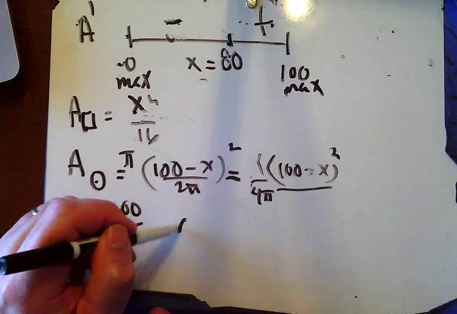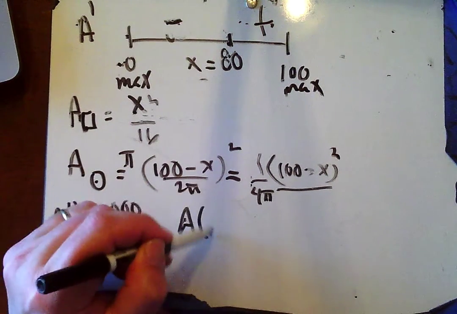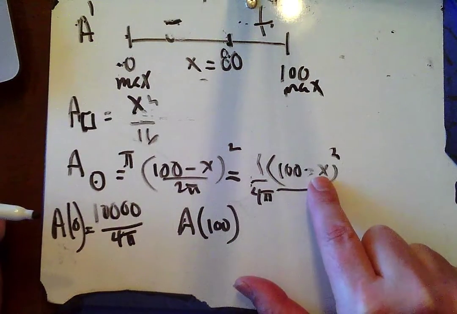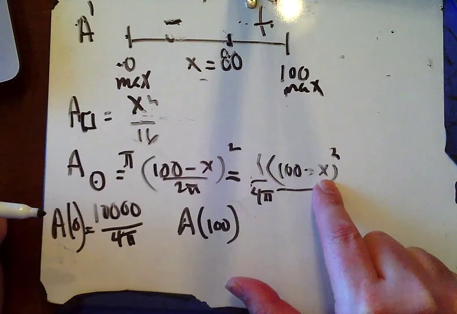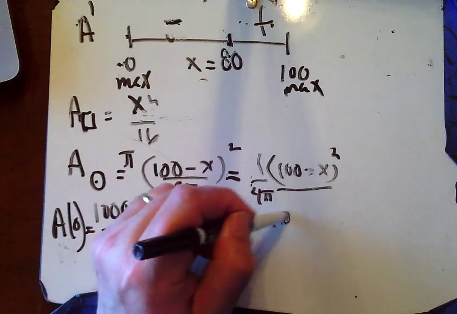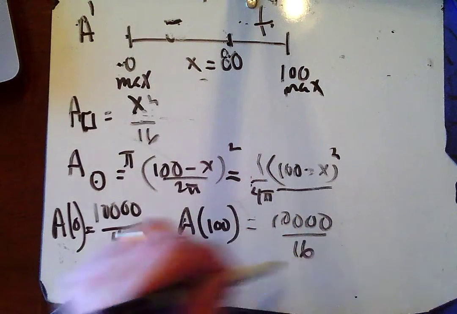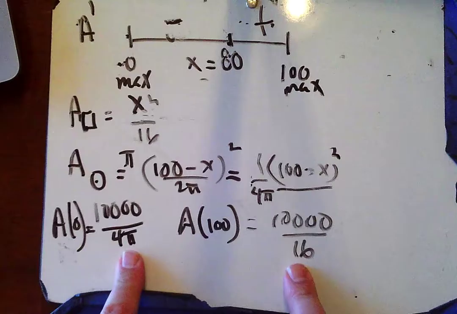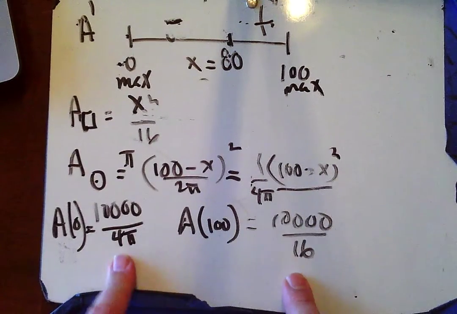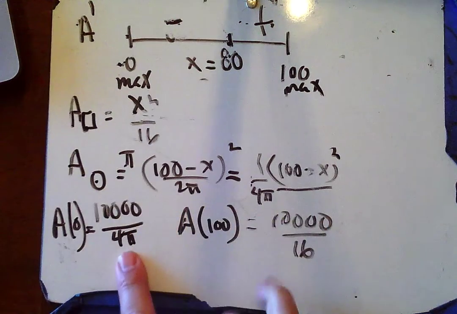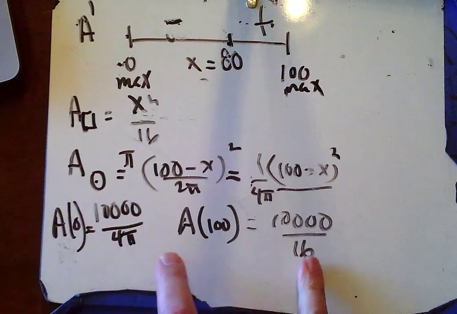What about when x equals 100? Well, look what happens if you plug a 100 in. 100 minus 100 is 0. That goes away. And I've got 100 squared over 16. So tops are the same, bottoms are different. So which of these is bigger? Well, this is 10,000 divided by a smaller number here than here.